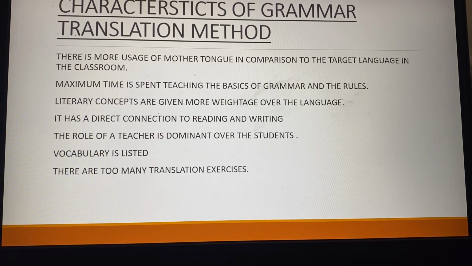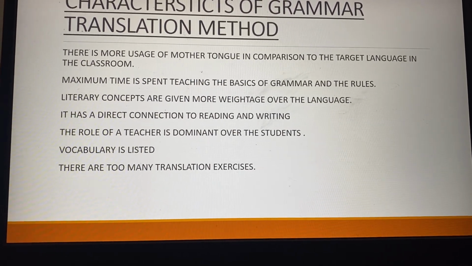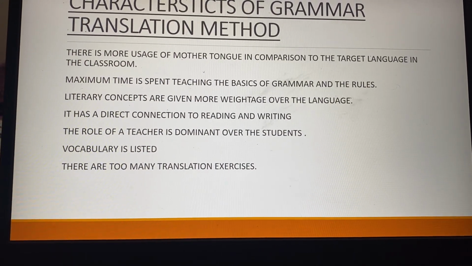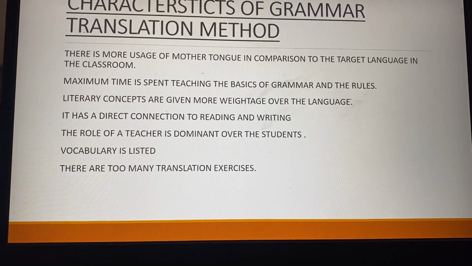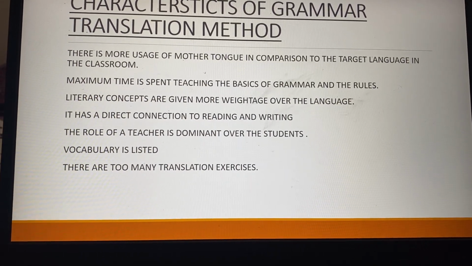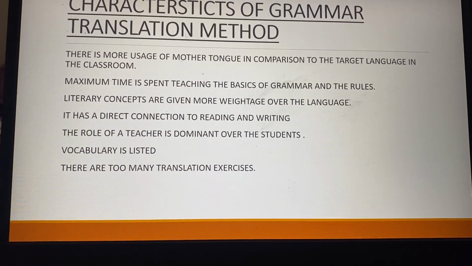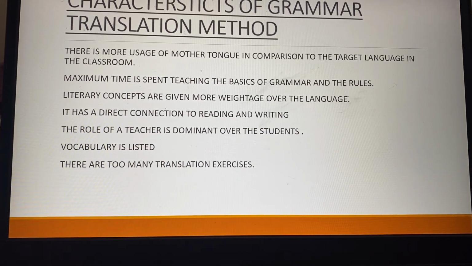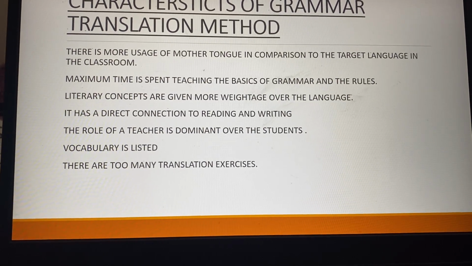So what are the characteristics of this grammar translation method? This is a method where grammatical rules are emphasized, as I already explained. The concepts are majorly writing and reading, and the role of the mentor is major in the classroom, whereas the students have less role to play.